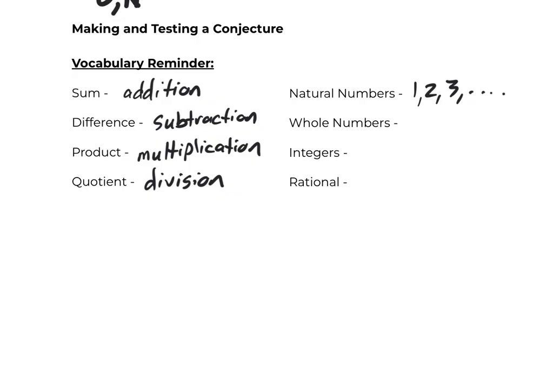Okay, whole is very, very similar, but here's kind of how I remember whole. It has an O in it, and I kind of remember whole as adding a 0 to my set. So whole numbers start at 0 and work their way up. That's the only difference. Okay, what about integers? Anybody think they know what an integer is? Yeah.